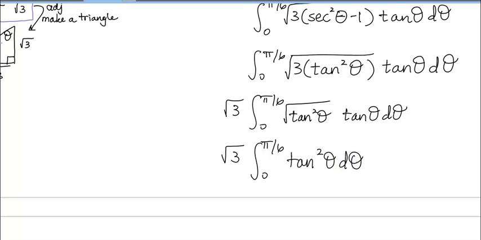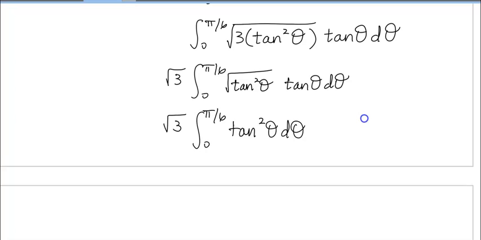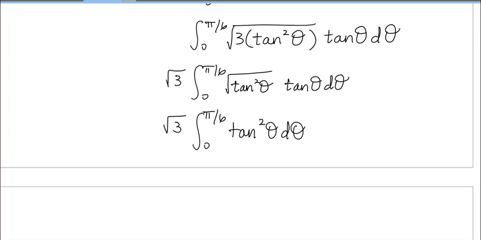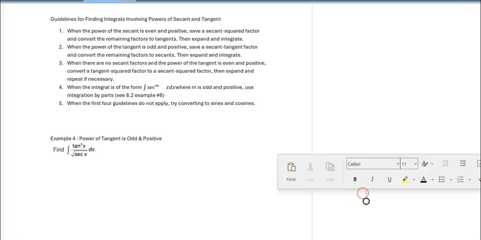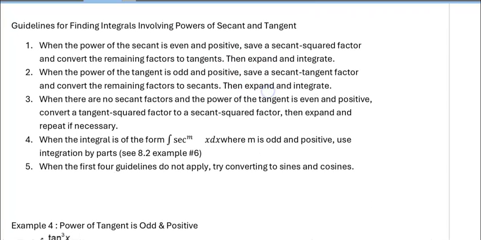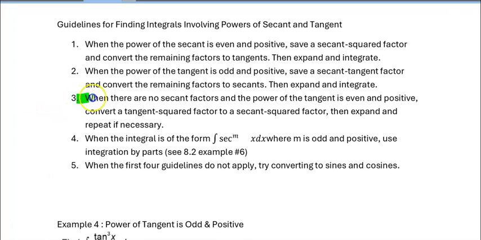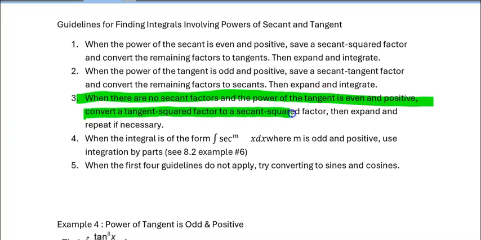Now the integral of tangent squared goes back to when we learned about trigonometric integrals. If I were integrating tan squared, I'm looking back in 8.3. When there are no secant factors and the power of tangent is even and positive, convert tangent squared into a secant squared factor and then expand and repeat if necessary.